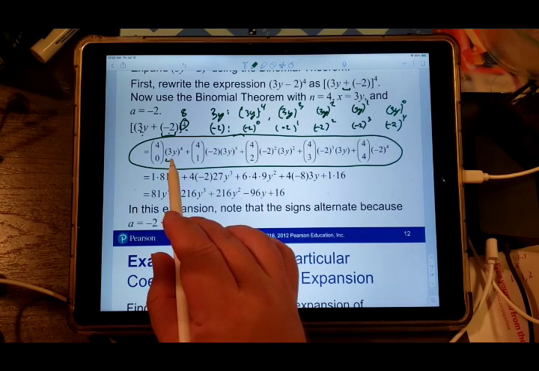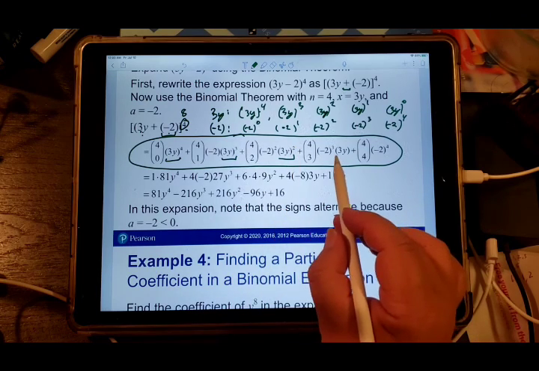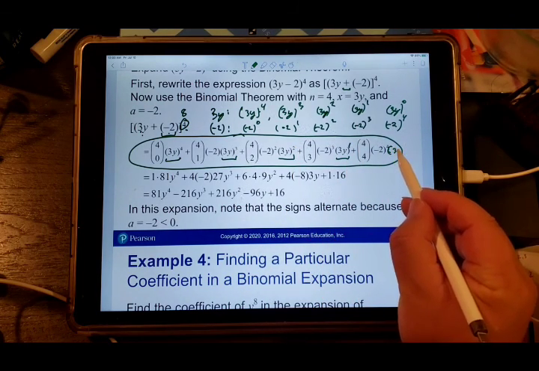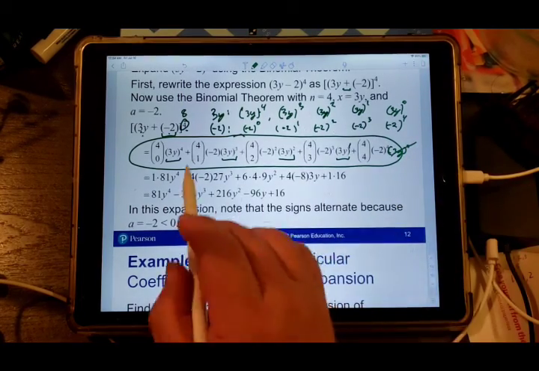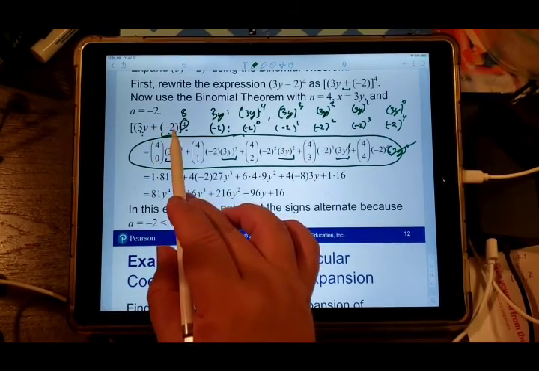The 3y to the 4, 3, 2, 1, and 3y to the 0 is not even listed because it was 1. How about the second term, the -2?